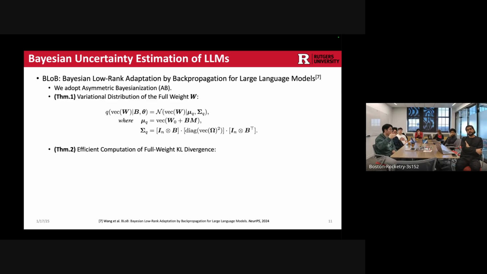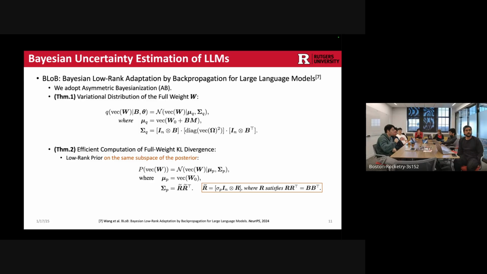And the second thing is that because you now have a posterior distribution, a degenerate Gaussian distribution, it resides in a subspace inside the full space. So when you're designing a prior distribution for the KL divergence, you need to choose the low rank prior on the same subspace of the posterior.